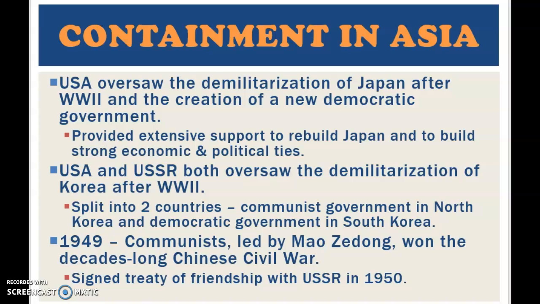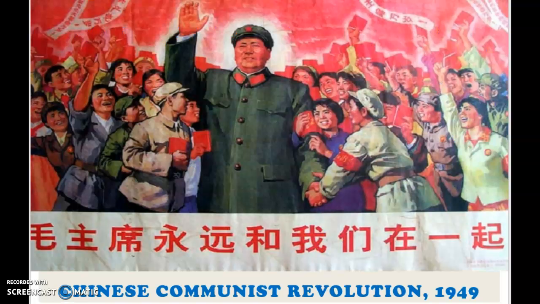And this is going to be a huge blow to containment, right? Because China is huge, it has a huge population, but now it's going to be communist. And then in 1950, they signed a treaty of friendship with the Soviet Union. So again, that revolution was in 1949.